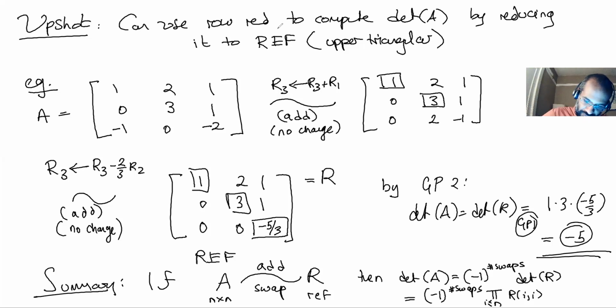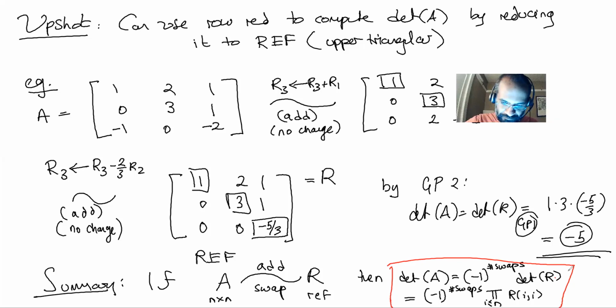And that's it. So row reduction had this other hidden talent, which is that it also computes determinants. And that's in practice how you actually compute a determinant. Anyway, that's it for today. And I guess see you on Thursday.